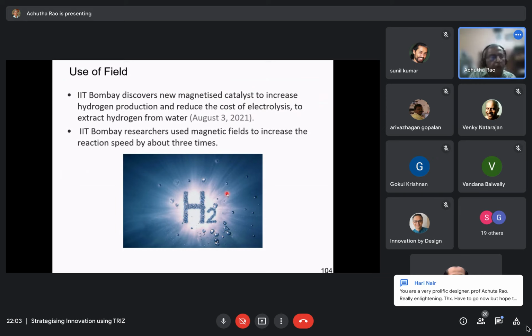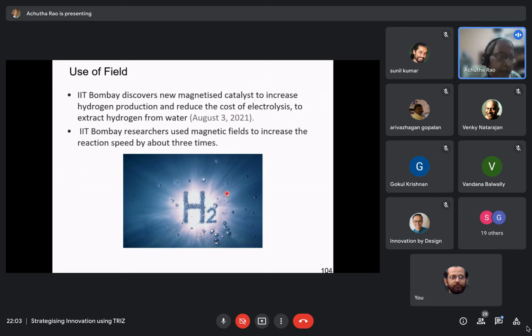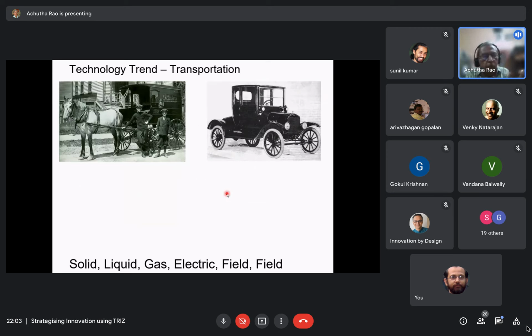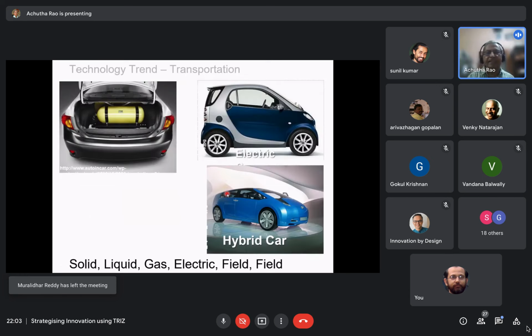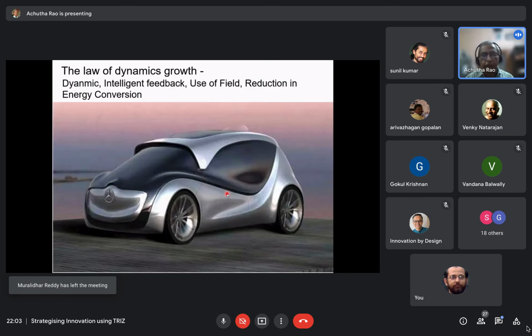Remember, gentlemen, what fields can I use and how can we use them, because we have different types of fields. The fields are static or dynamic, so there is further knowledge. Again, if you go over to this, you'll follow the same thing. What is the field here? We have the electric power. Okay. This is, I think, a Benz futuristic car, which is dynamic.